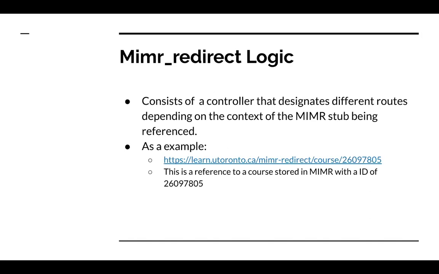What the controller does is go to that link, do an entity search, try to find an entity that is a course and contains this MIMR ID, and then redirect to it immediately. So that's a quick way of how we were able to link within Drupal itself.